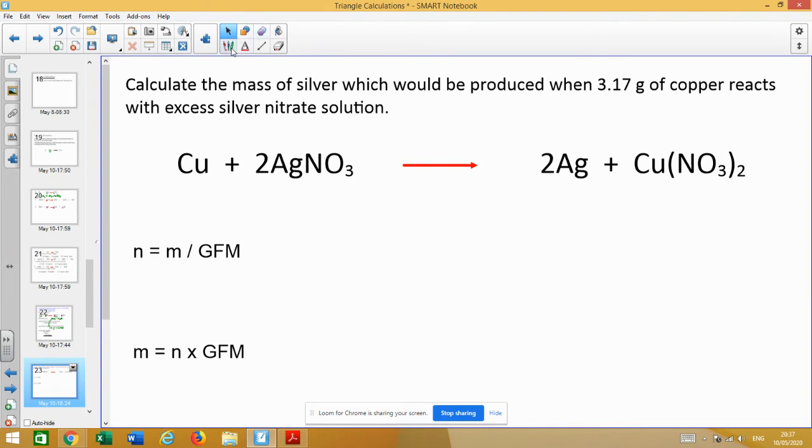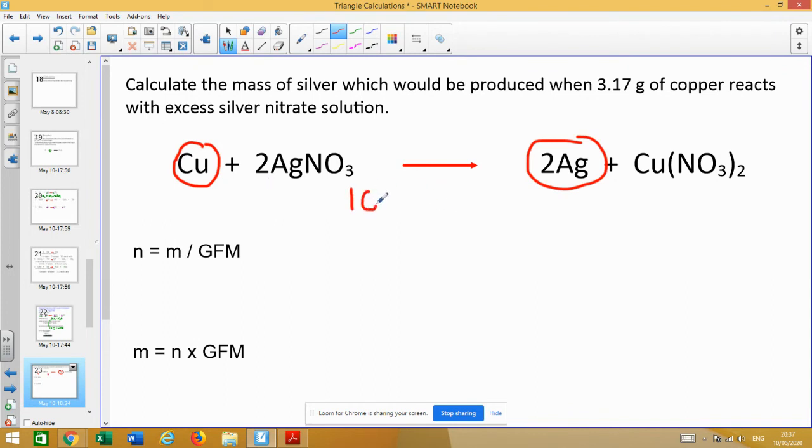So you've got your copper and your silver. The mole ratio to start with is 1 copper to 2 silver.